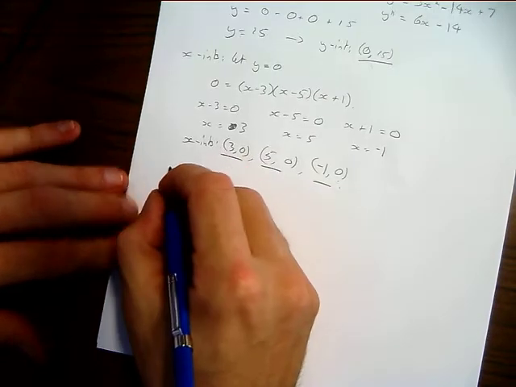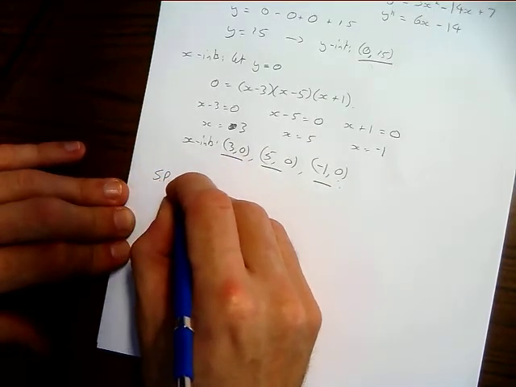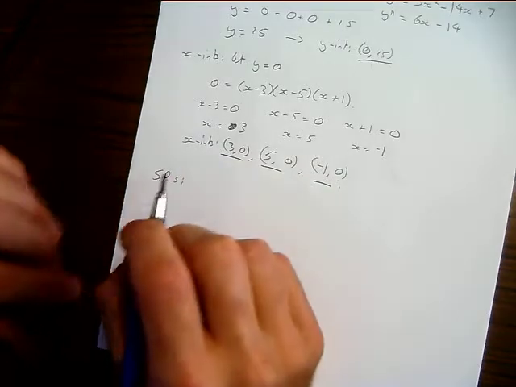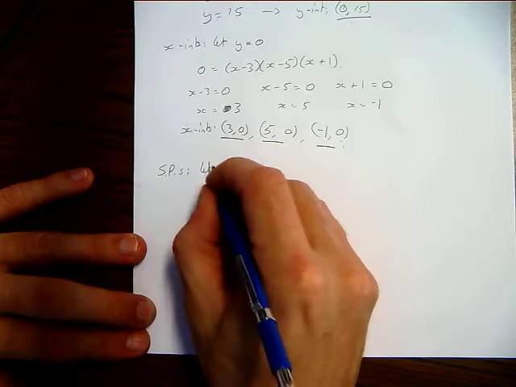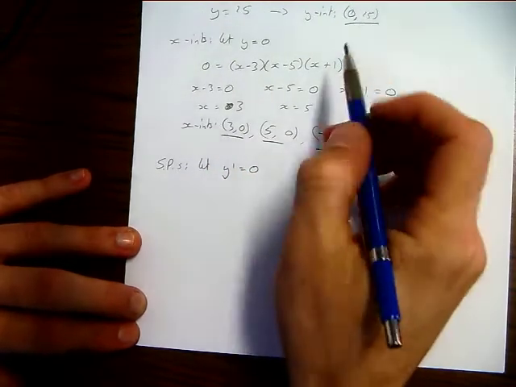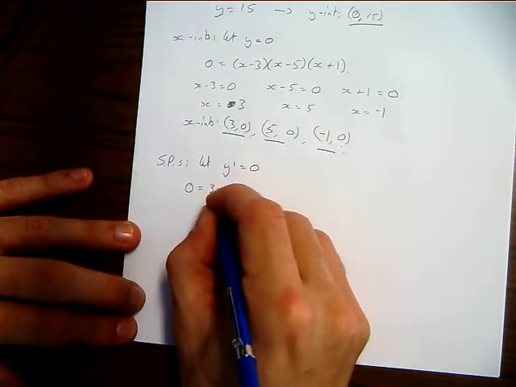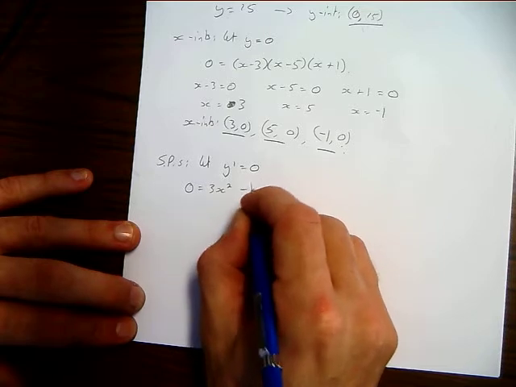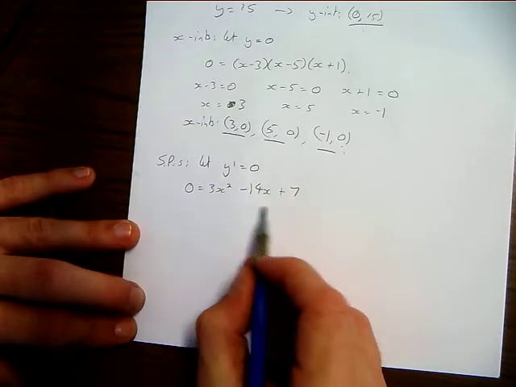For our stationary points, how do we find them? Let y dash equal 0. So we have 0 is equal to 3x squared, take 14x plus 7. Now, how am I going to solve that?